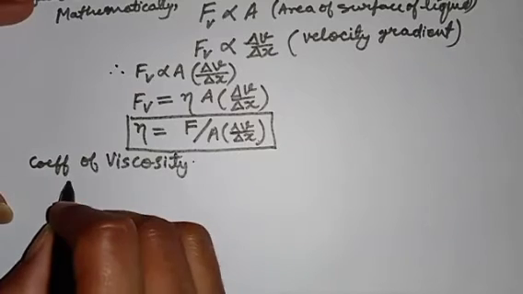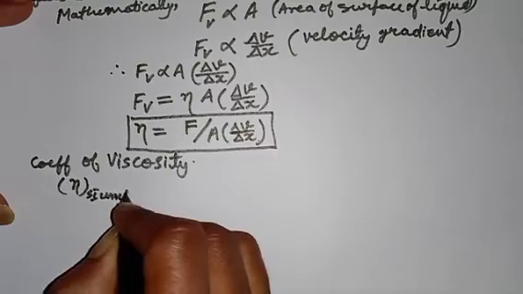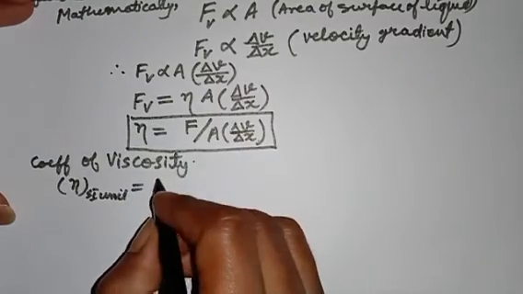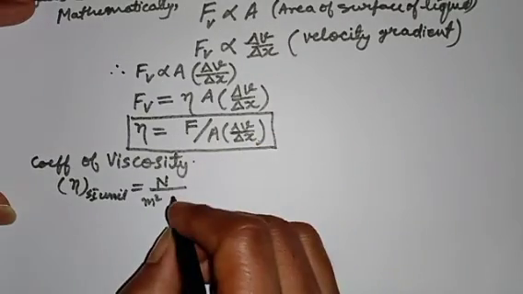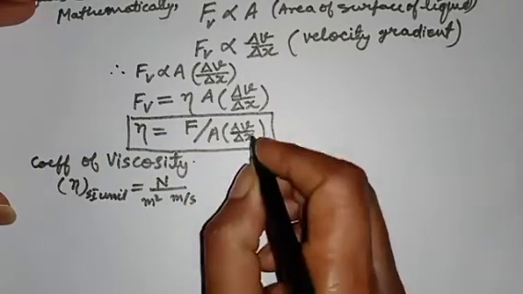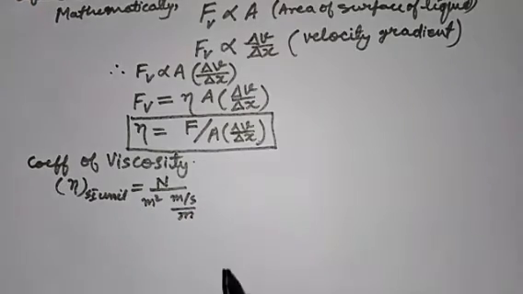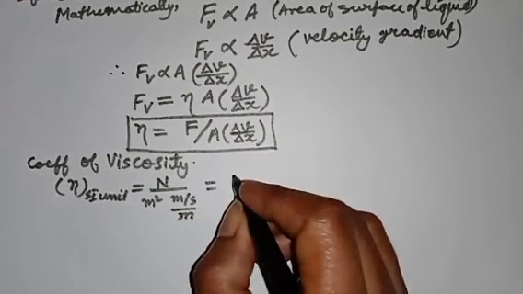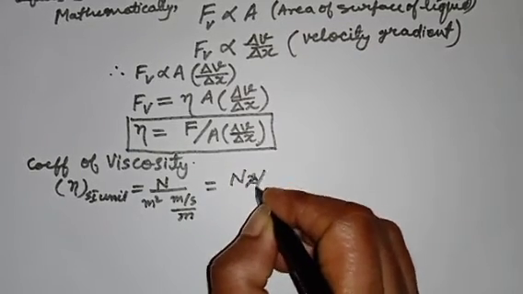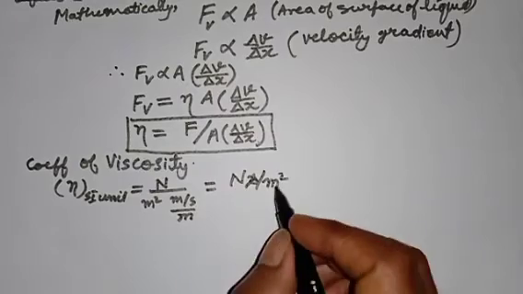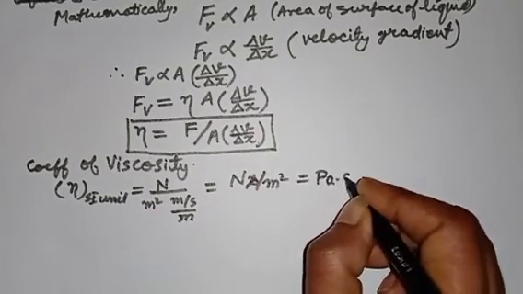And what is its unit? First we'll discuss its SI unit. It is the unit of force, Newton, upon unit of area, meter square, unit of velocity, meter per second, and unit of distance, meter. When we simplify it, it comes out to be Newton second per meter square, which is also called Pascal second.